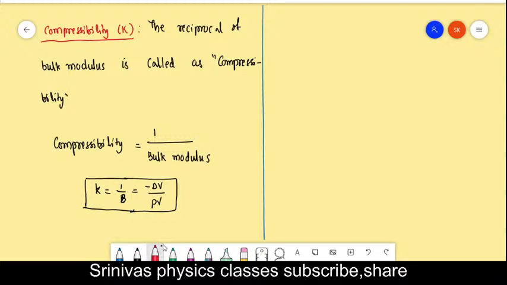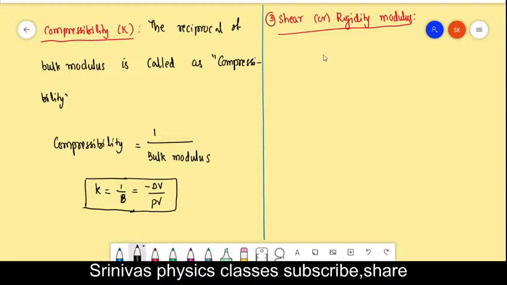Next, the third type of modulus. It is the last one. After this, I will close. That is shear or rigidity modulus. What is shear or rigidity modulus?